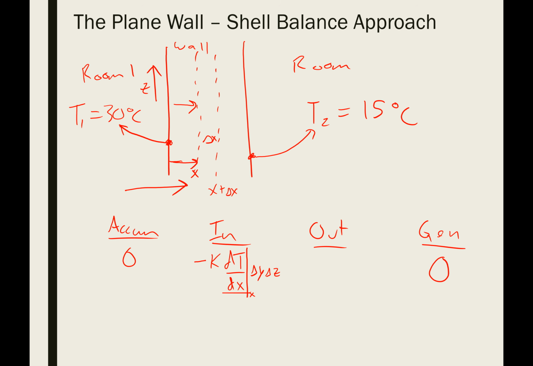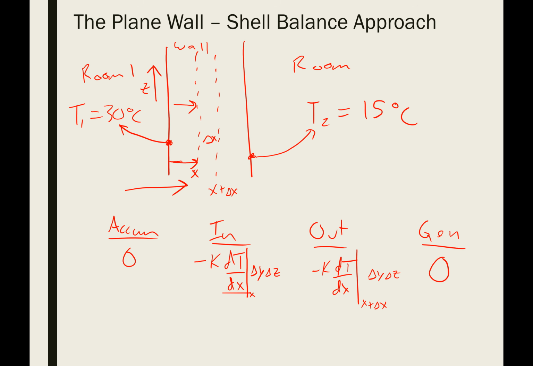Okay, so out is going to be the same, except that we're going to evaluate this temperature gradient at x plus delta x, and we would still have the same area. The next step would be to put this into equation form.